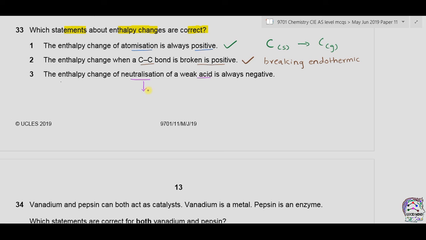Now neutralization is the reaction in which acid reacts with alkali to form salt and water. And whether the acid is weak or strong, the enthalpy change is always negative as the energy is released. As all three options are correct, so therefore answer is A.